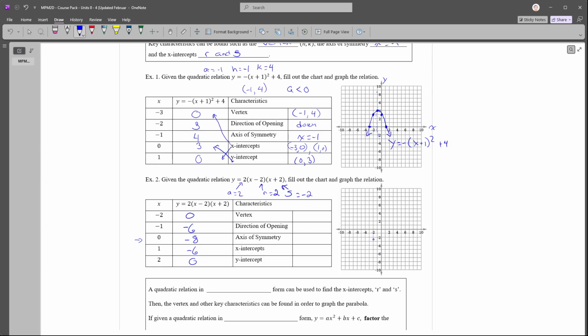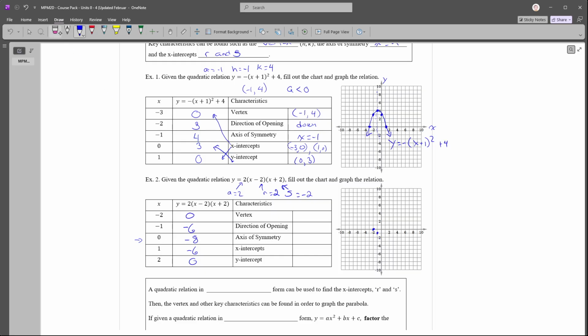But let's keep going on here. Let's draw in everything. So instead of filling out the table, let's draw it in, and then let's get all this information from looking at the actual graph itself this time. So we have -2, 0. We have -1, -6. Oh, sorry, that wasn't right.